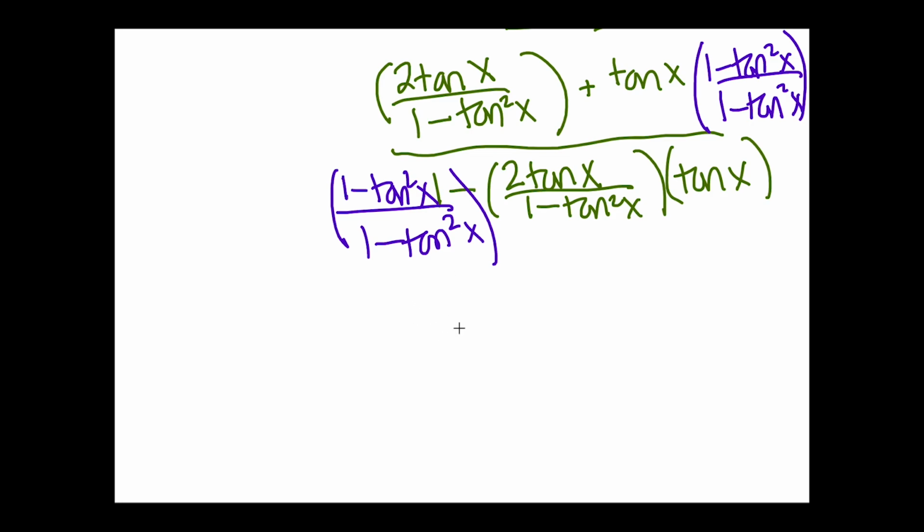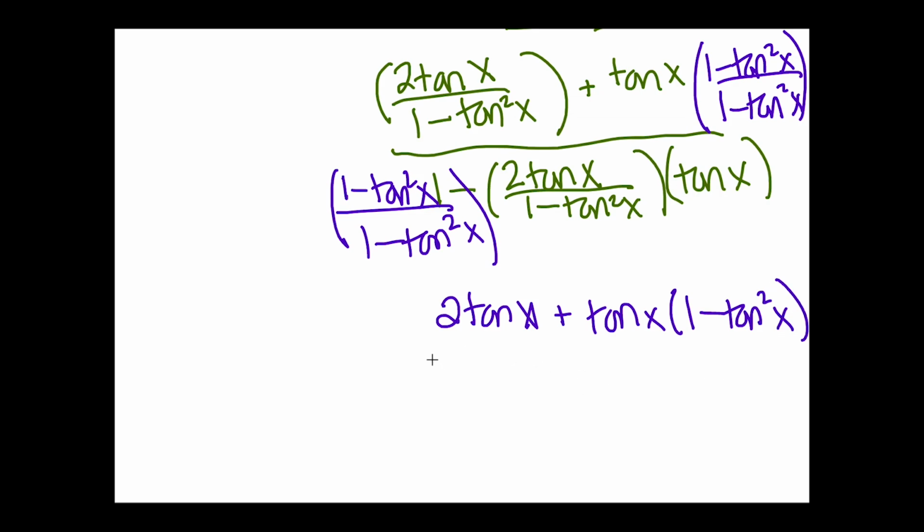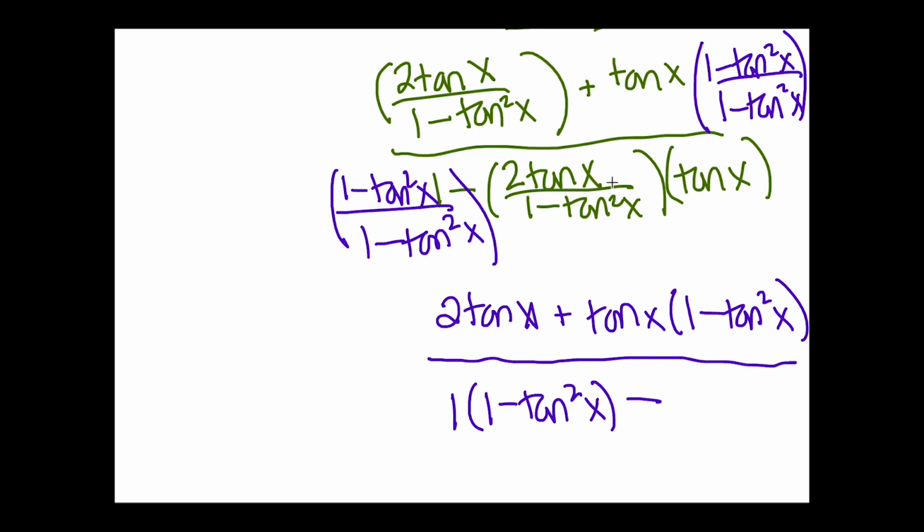So my numerator will become 2 tan x plus tan x times 1 minus tan squared x, over 1 times 1 minus tan squared x minus, then multiply across the top here, 2 tan squared x.